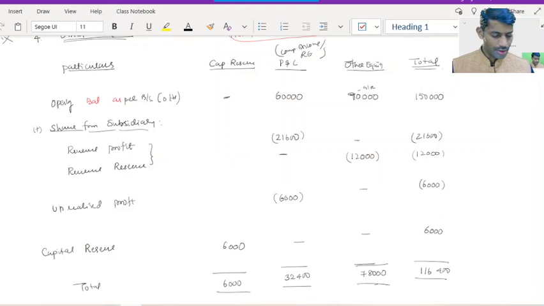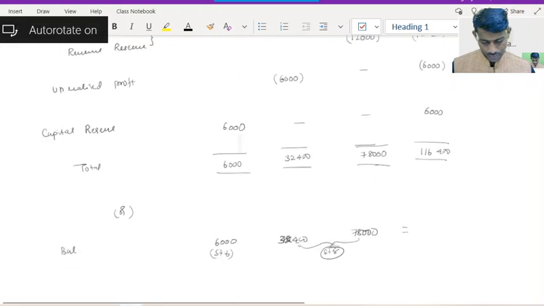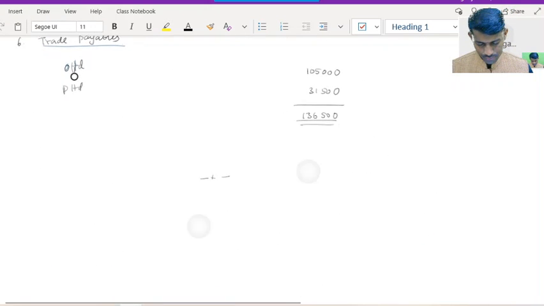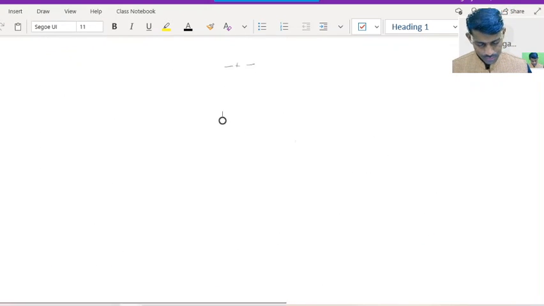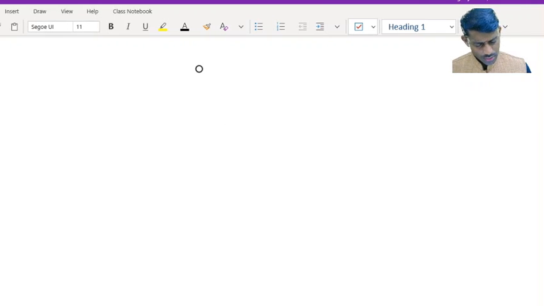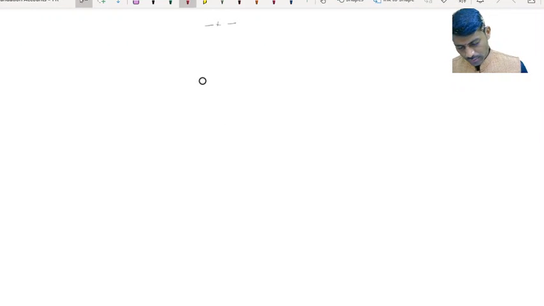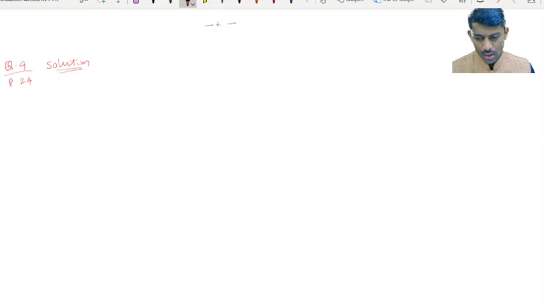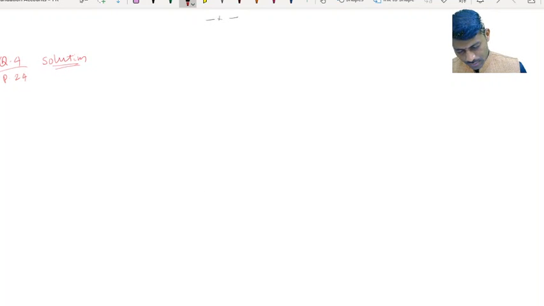Solution. Question number 4, page number 24. To start with, what is step 1? Date of control.